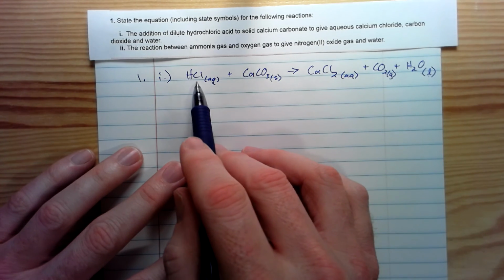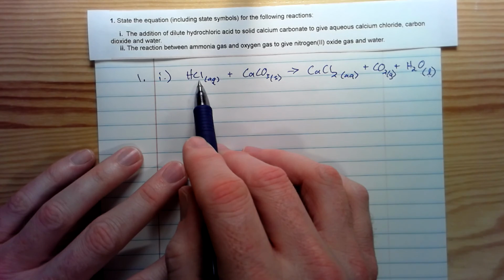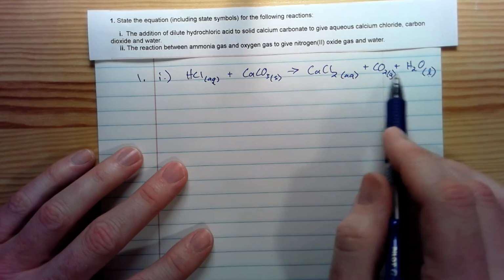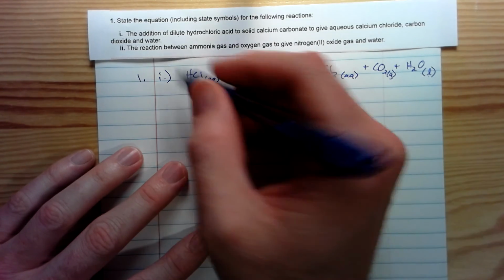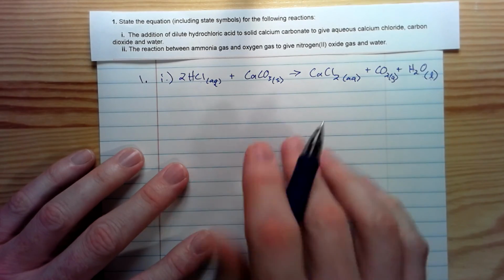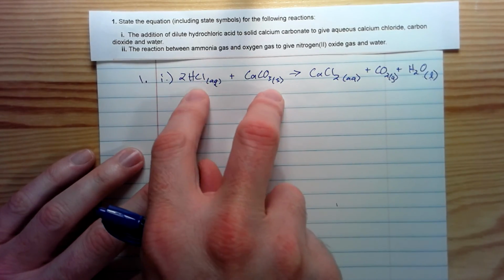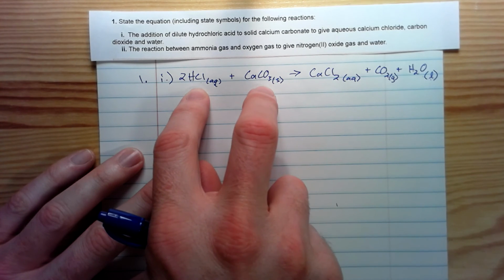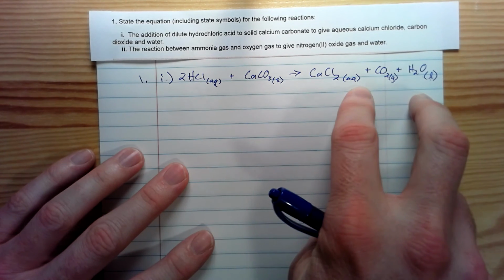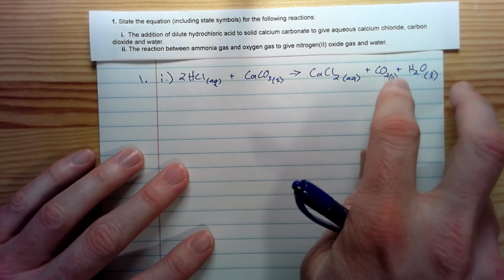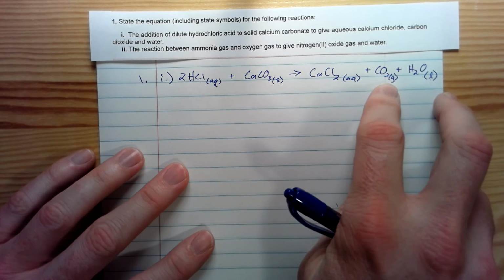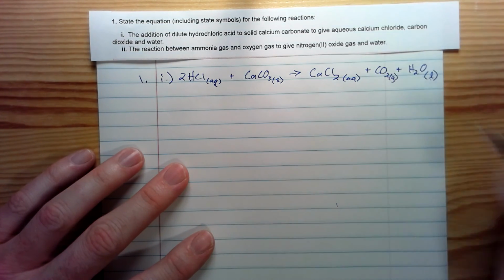Well, unfortunately, we have to balance it. Our hydrogens are unbalanced, and our chlorines are unbalanced, so we need to put a 2 right here. We're all good to go. Now, you should remember that that is an acid-base reaction, right? We have HCl and calcium carbonate. That is going to make CO2 and water.